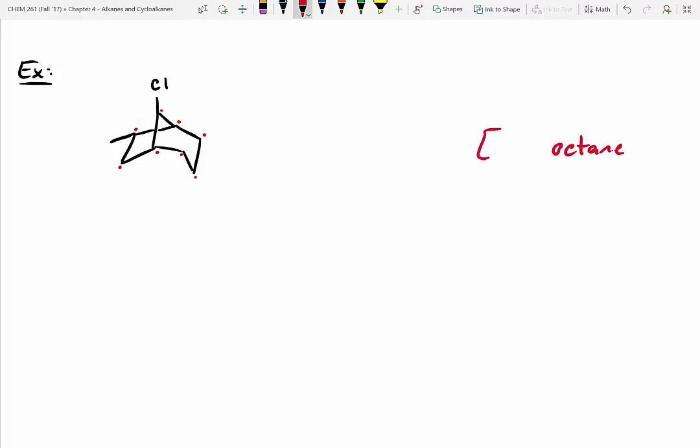Again, we want to put in brackets to indicate the bridge lengths. So I'm going to erase these dots just so we don't get confused. And we've got a bridgehead right here and a bridgehead right here. You can see we've got this bridge going along this blue pathway. And this blue bridge, if we count, has a 3-carbon bridge length.